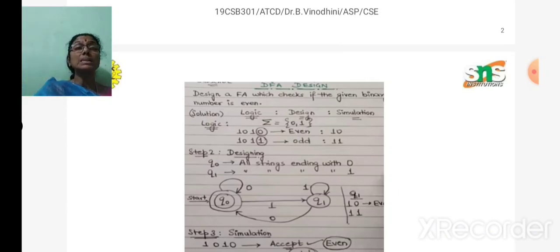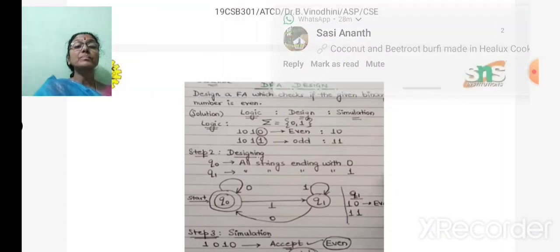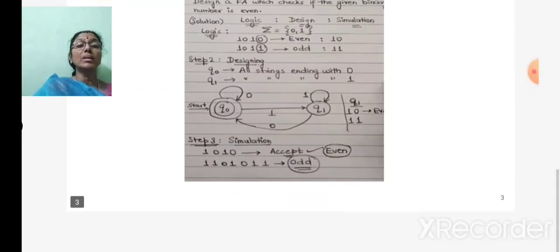If the last digit, the rightmost digit, is 0, it is an even number, whereas if the last digit is 1, it is an odd number. This is the logic behind whether the given number is even or not. A number ending with 0 is even, and a number ending with 1 is odd.